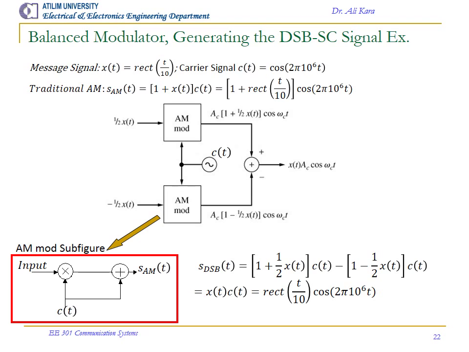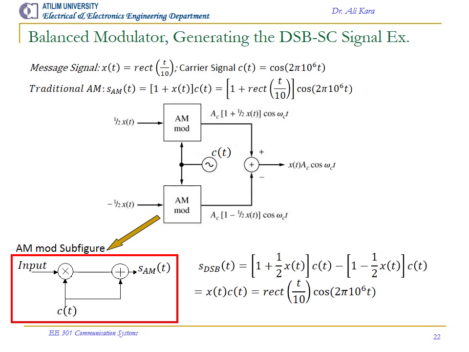In this slide, we go over the block diagrams in detail to show the process of generating a double sideband suppressed carrier signal from the traditional AM signal. This configuration is also known as balanced modulator. At the input of the system, we feed a linear combination of message signal x(t) to the traditional AM modulators.